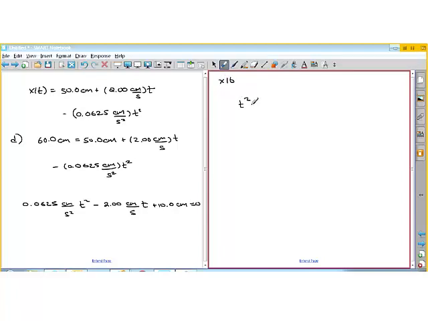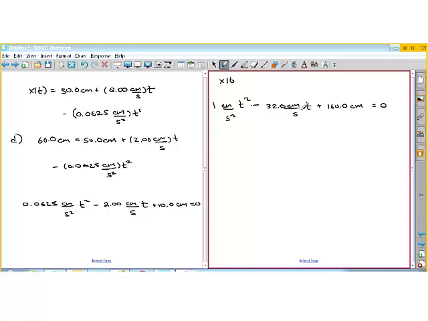What that leaves me with is t squared, with 1 centimeter per second squared, then 2 times 16 is 32, so 32 centimeters per second times t, plus 160 centimeters equals 0.